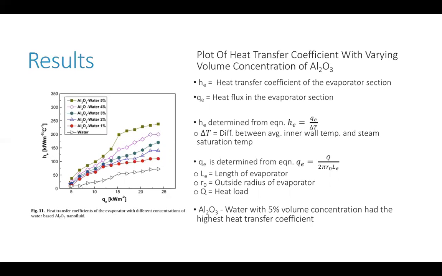QE is determined from the equation QE equals big Q over 2 pi R naught LE, where LE is the length of the evaporator, R naught is the outside radius of the evaporator, and Q is the heat load. From this plot, we can see that aluminum oxide water with a 5% volume concentration has the highest heat transfer coefficient.